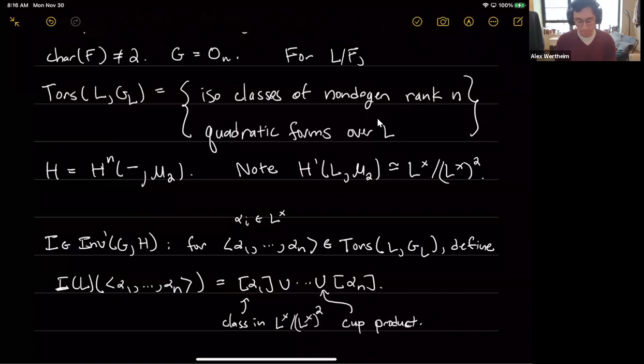Even though the particular diagonal representation of our quadratic form may not be unique in terms of the coefficients, it turns out that this assignment is in fact well-defined, and we correspondingly get an invariant.